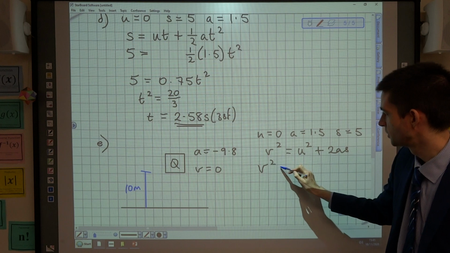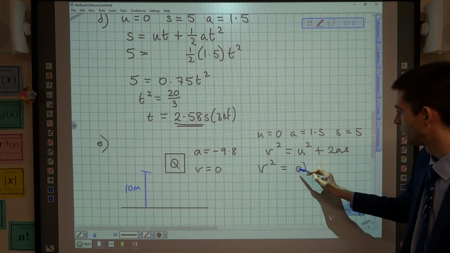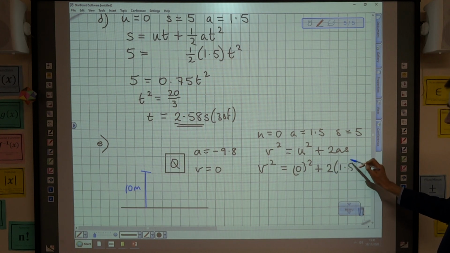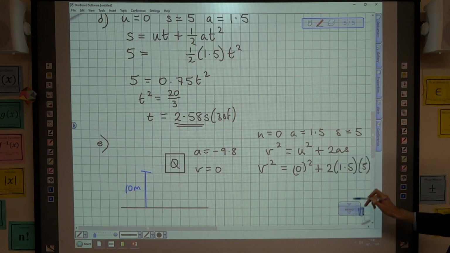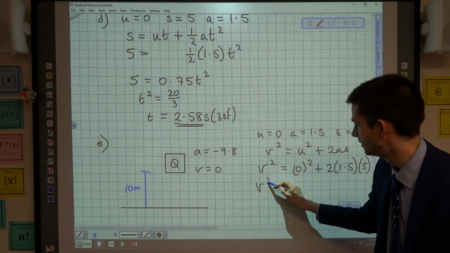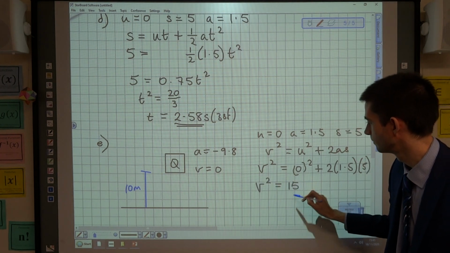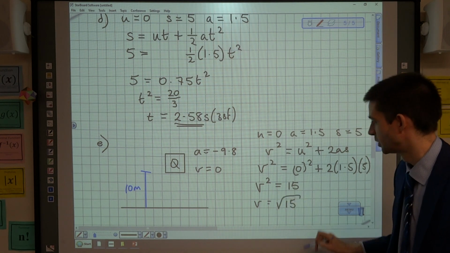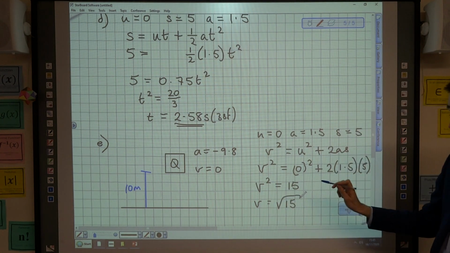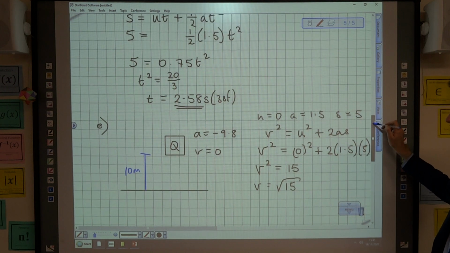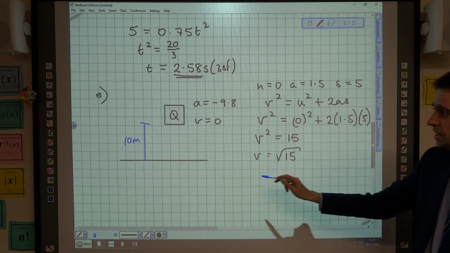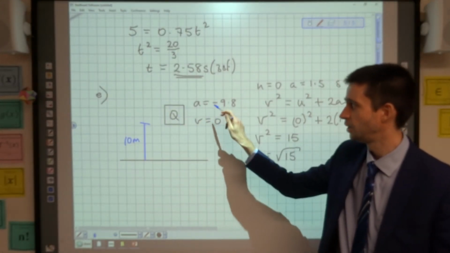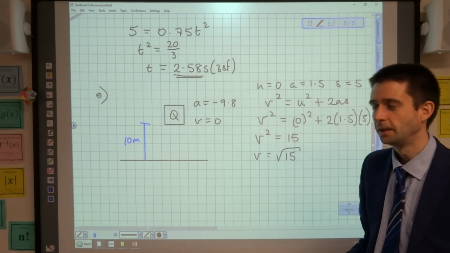So V squared equals 0 squared plus 2 multiplied by 1.5 multiplied by 5, which means that v squared equals 15, and v would be root 15 positive because it's going up. Now I'm going to leave that as root 15 because that is the speed that Q is travelling at when P hits the floor, and Q now moves freely under gravity.